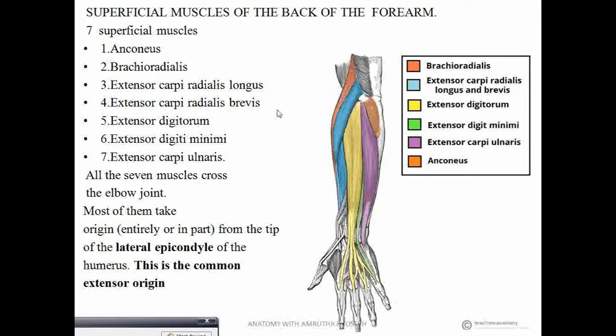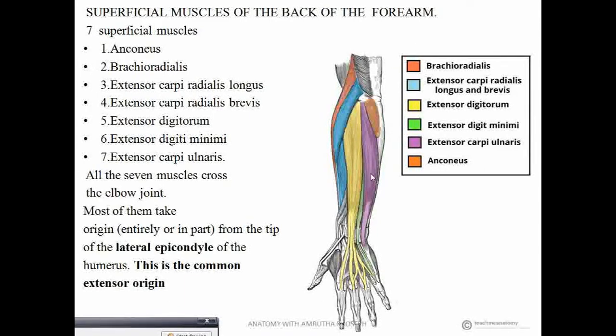They are anconeus, brachioradialis, extensor carpi radialis longus, extensor carpi radialis brevis, extensor digitorum, extensor digiti minimi, extensor carpi ulnaris.